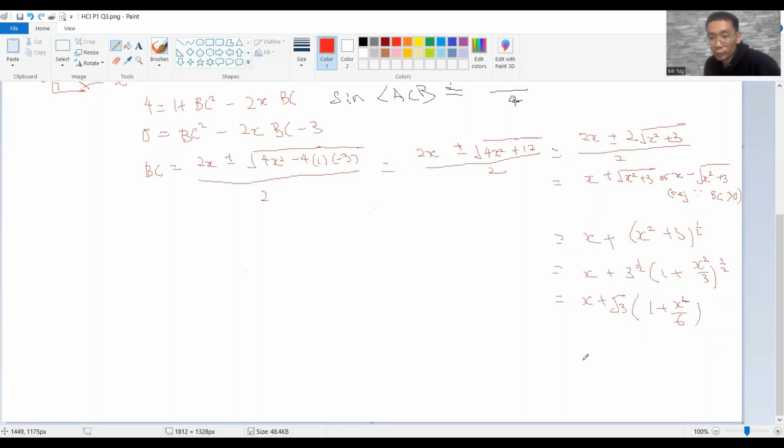So this equals square root 3 plus x plus square root 3 over 6 x squared. Let me check the solution for a while. Yeah, it's correct.